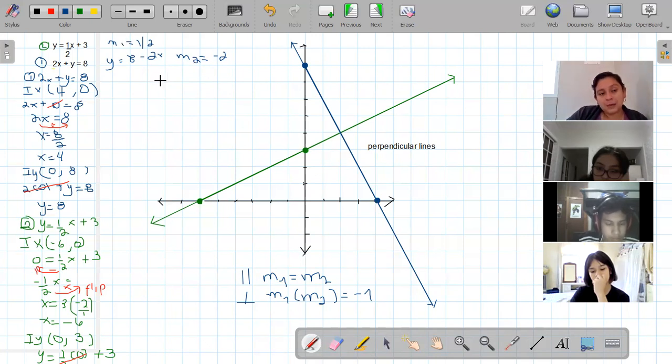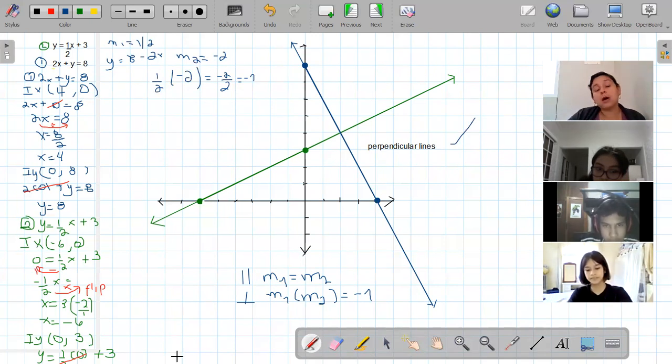If I multiply 1/2 times -2, I have 1 times -2, that's -2 over 2, that's -1. So they are actually perpendicular lines. This is correct. This is what we're going to see tomorrow in our review.